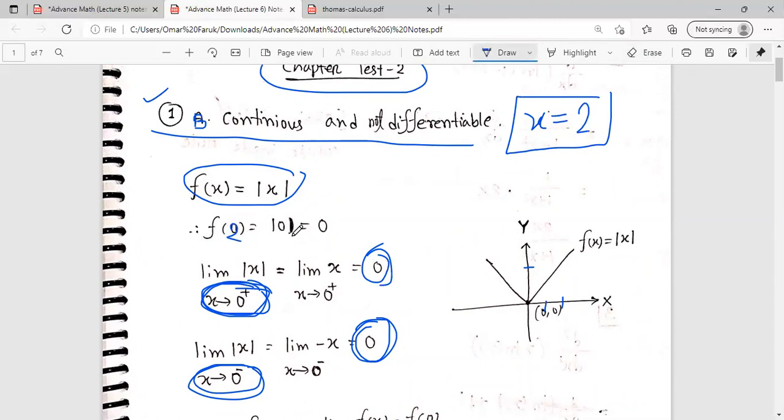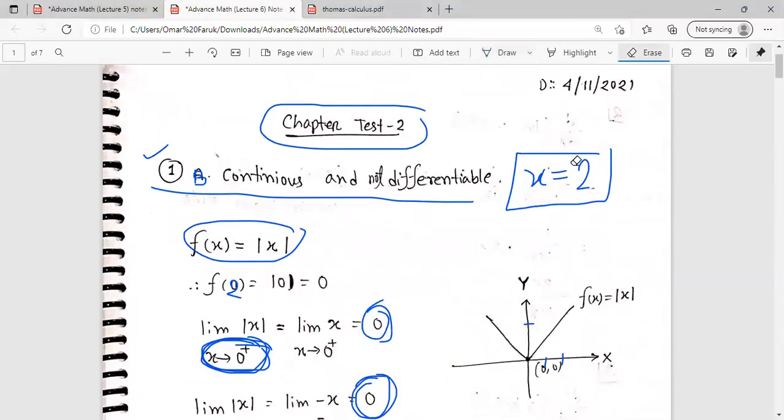Can you understand, guys? If the question asked about continuity at x equal to 2, then we would calculate f of 2, okay?